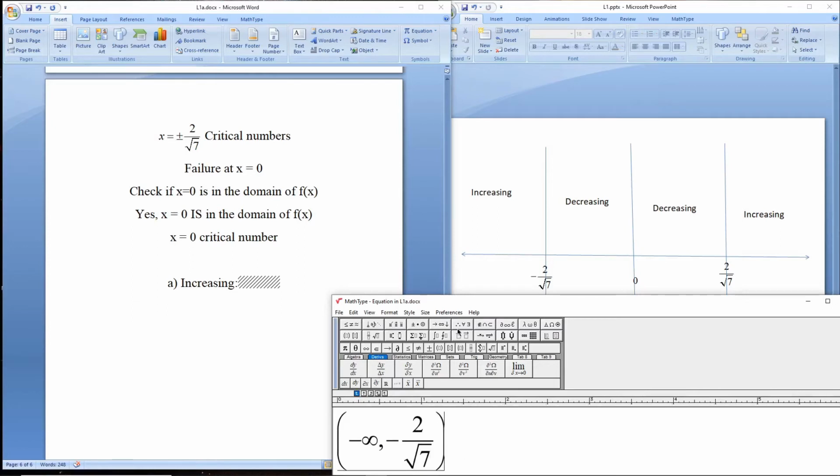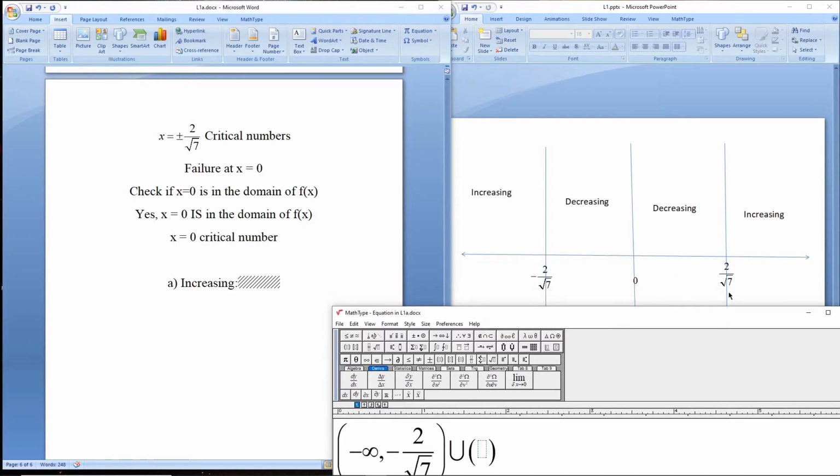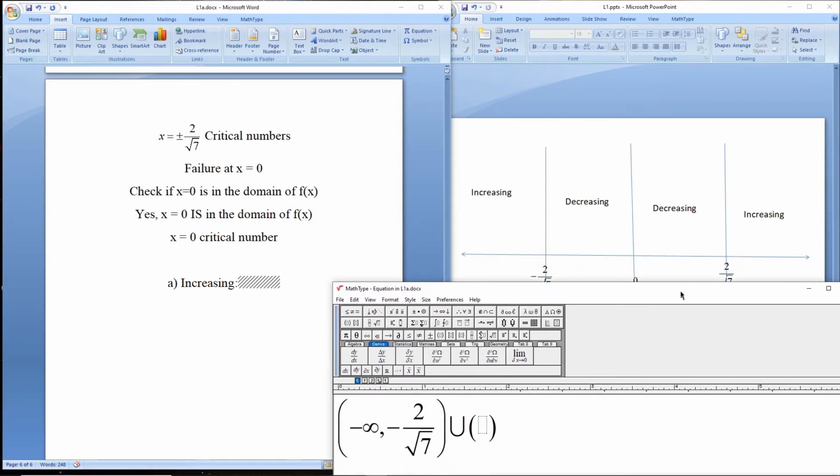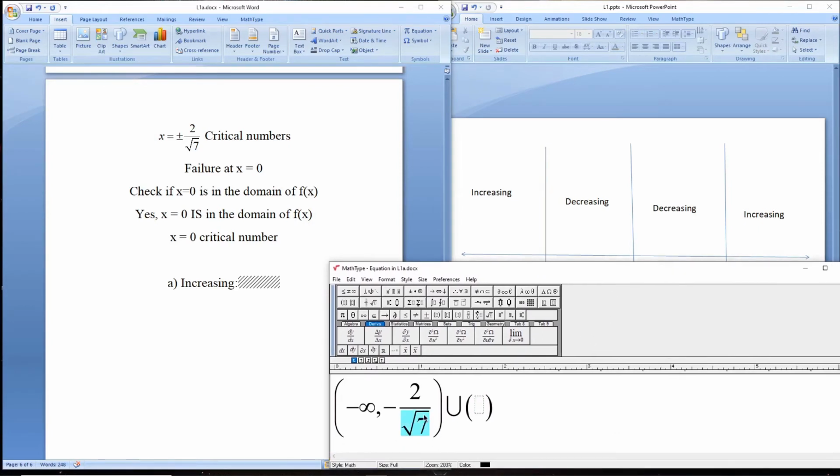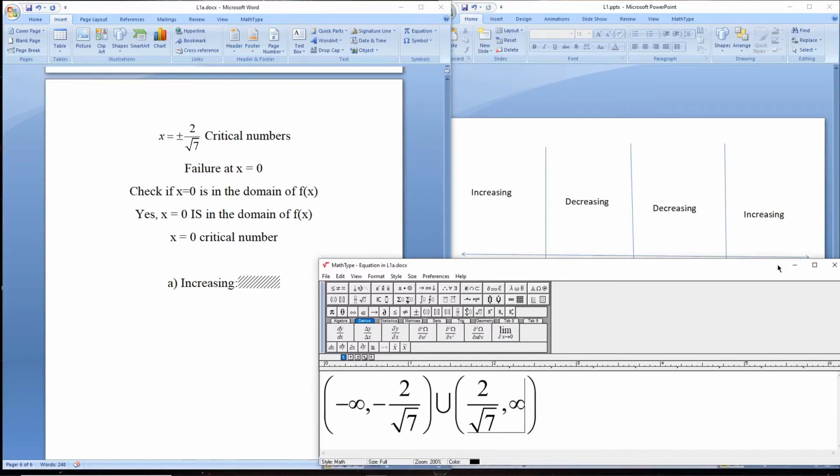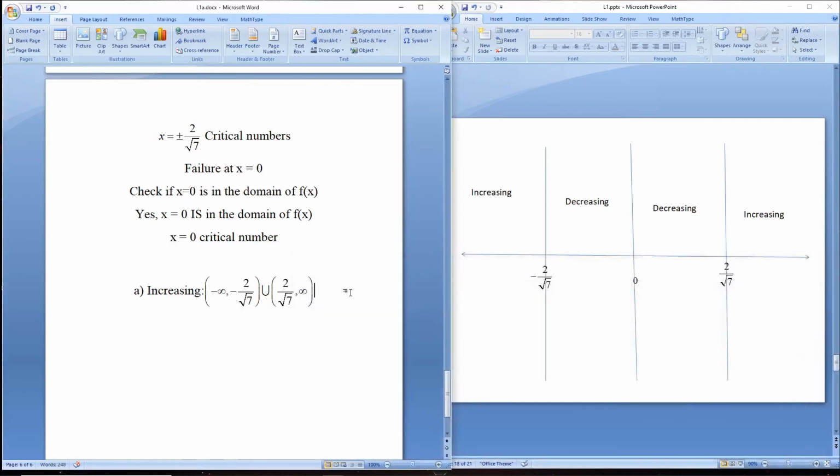And then we'll union that with the next region that's increasing way over here. So that's positive 2 over square root of 7 to positive infinity. And that's our region of increasing.